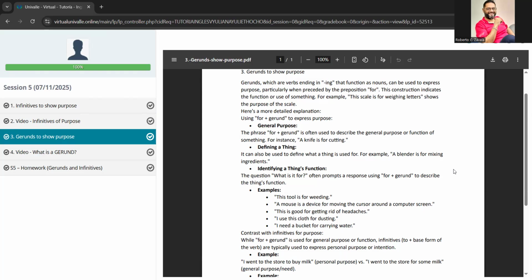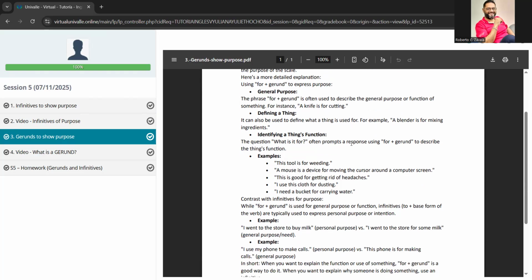Here's a more detailed explanation using for plus gerund to express purpose. General purpose. The phrase for plus gerund is often used to describe the general purpose or function of something. For instance, a knife is for cutting. Defining a thing. It can also be used to define what a thing is used for.